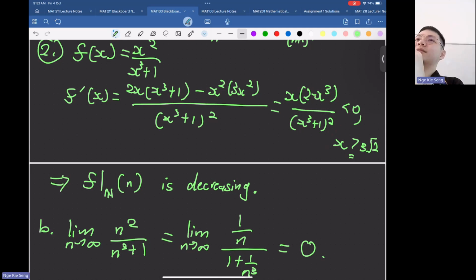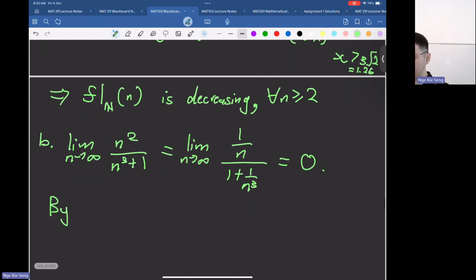You can press your calculator. It's 1.26 something, right? So this is decreasing after this point, right? So we only have decreasing at n greater than or equal to 2.